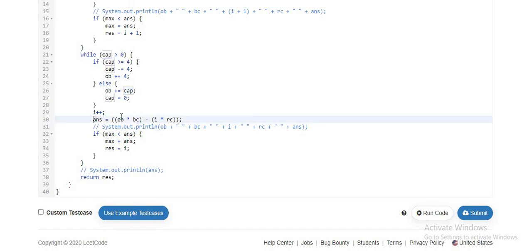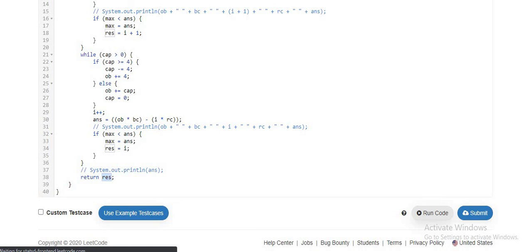Once it is done, again I will perform the same operation to calculate the boarding cost minus the running cost. Then I will update the max value and the result value, and I will return the index value, or the total number of shifts required to get the maximum profit.